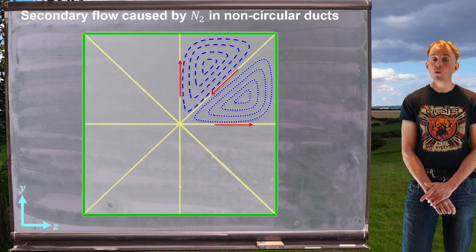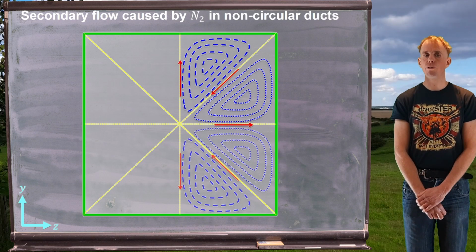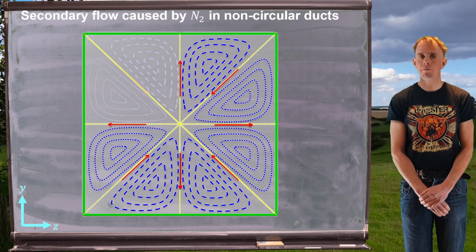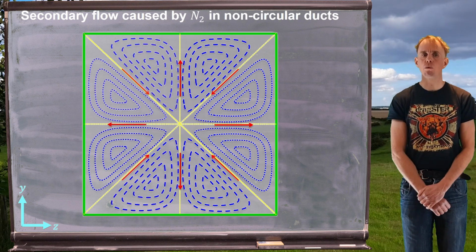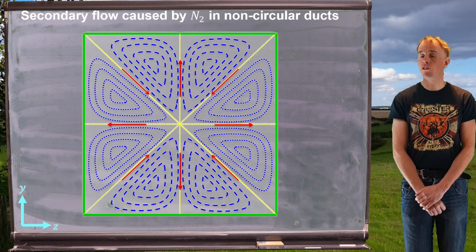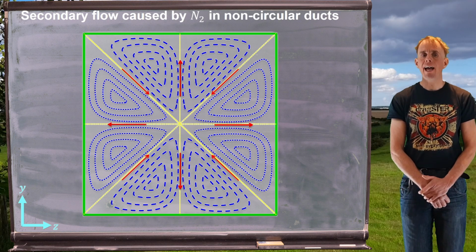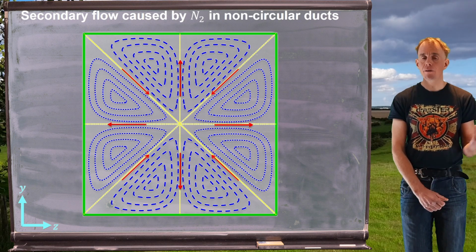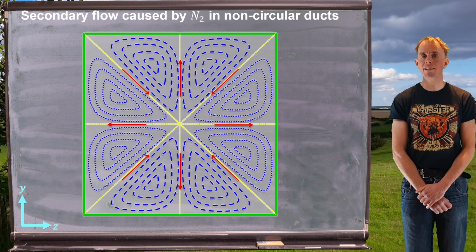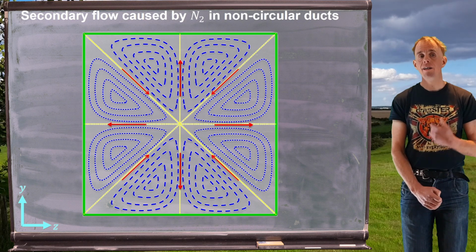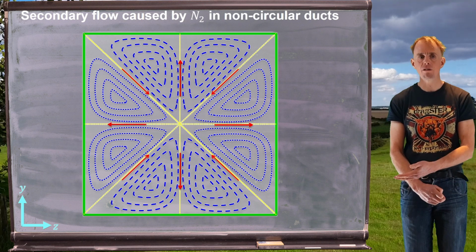And usually we find that fluid migrates into the centre of the flow along a diagonal and out towards the walls along one of the symmetry lines joining the wall midpoints together. And so in a square section duct, we actually get 8 vortices, the direction of which is planar to the main flow direction. And this is why secondary flows enhance heat and mass transfer.